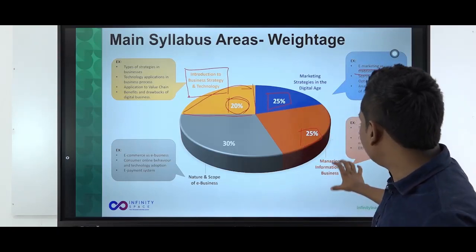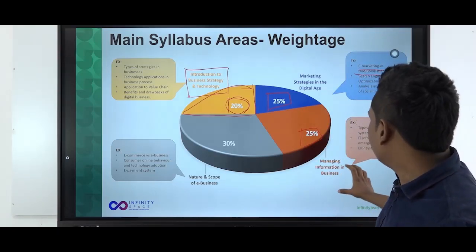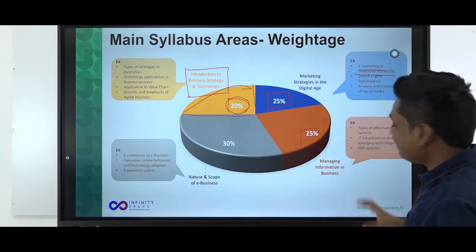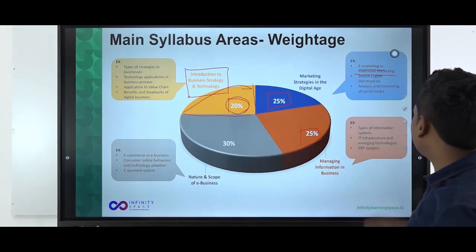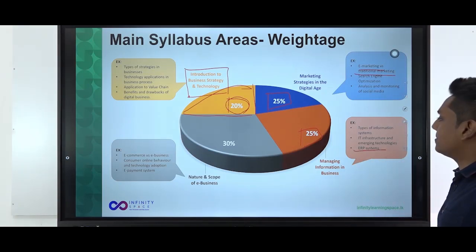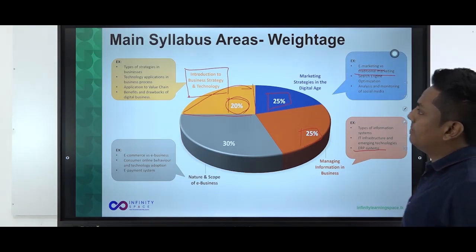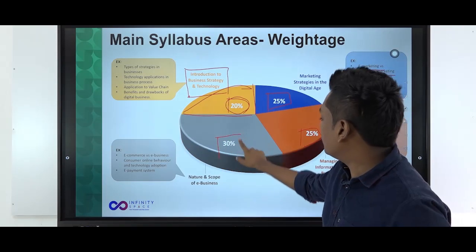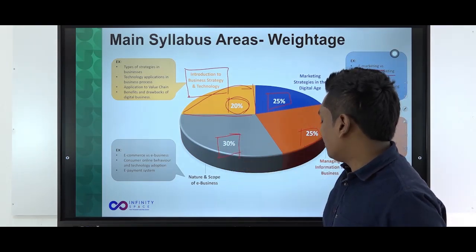So managing information in business will also be part of this syllabus and a segment, right? So that will cover types of information systems, IT infrastructures, and emerging technologies and the ERP systems.